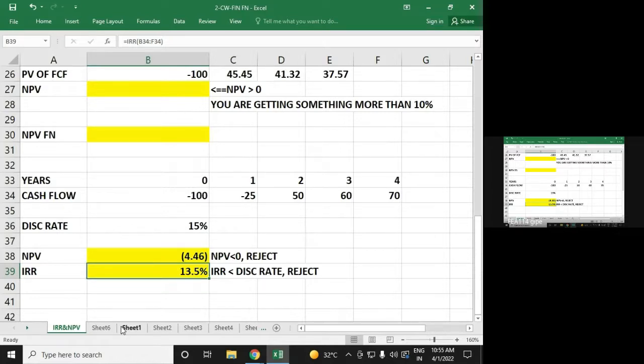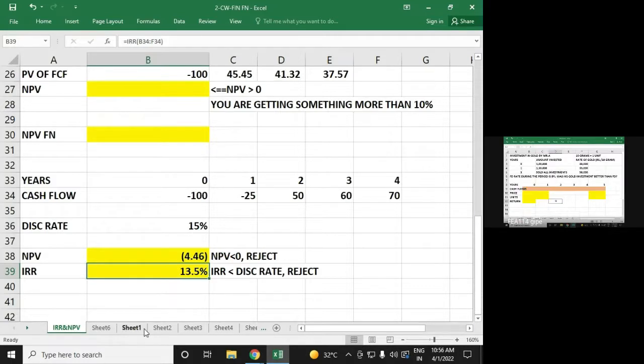Reject, because IRR का positive negative का criteria नहीं है ना decision making में. ये केस IRR positive है, NPV negative है. With respect to discount rate, it will always be same. NPV negative, exactly. तो अगर NPV negative है तो IRR discount rate से कम ही होगा. It's an indifference point, correct.